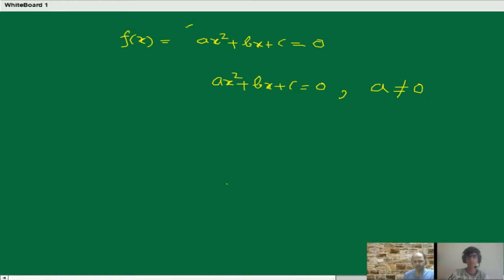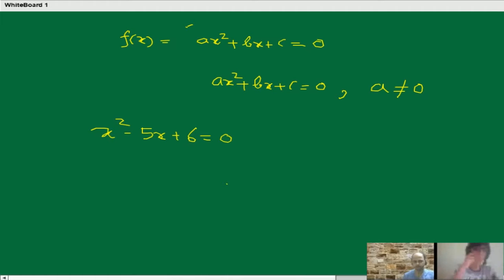Now, as you mentioned, when we are going to solve any quadratic, for example, once we have x square minus 5x plus 6 equals 0, can you explain for this particular example how we are supposed to do this?